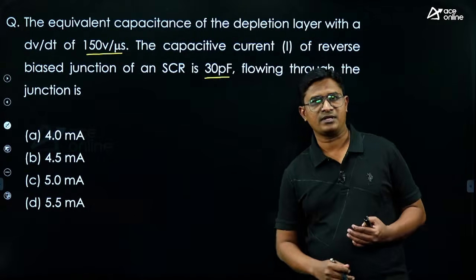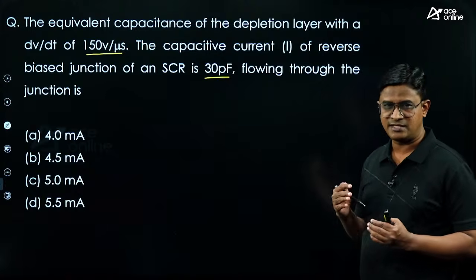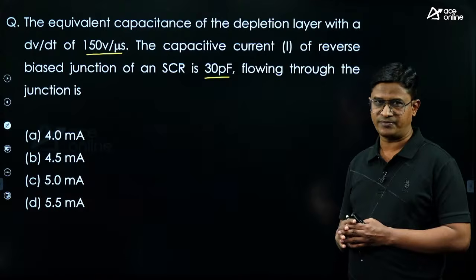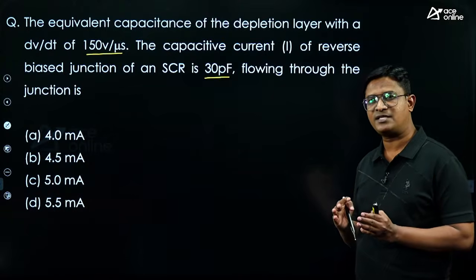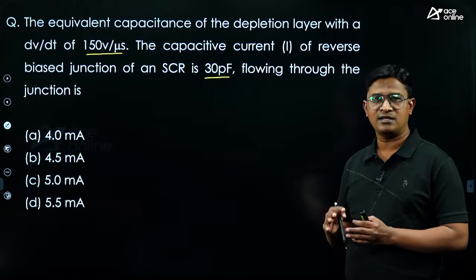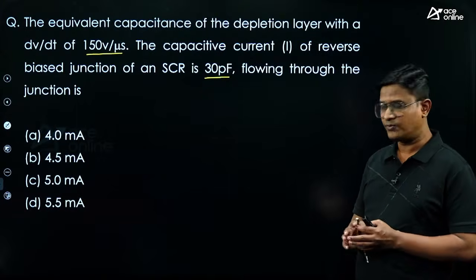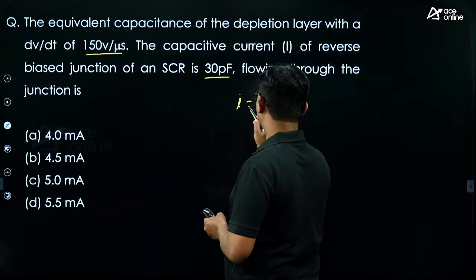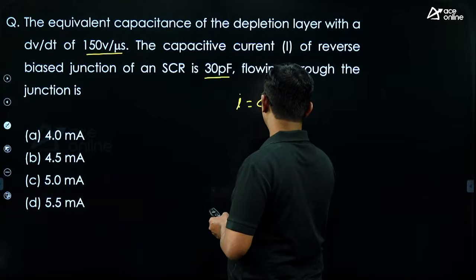We know when SCR is in an off state, we will be having a depletion layer present across the junction, and if the depletion layer is present, your junction is behaving like a capacitor, right? We know in case of capacitor we are having an expression I equal to C into dV by dt.